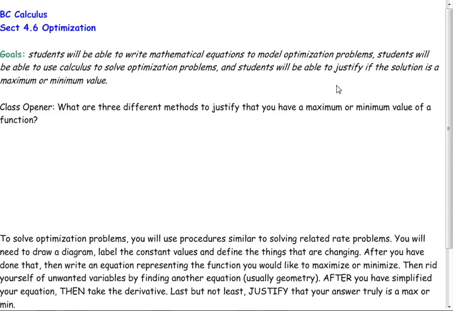Okay. How do you know if you have a maximum or minimum value of a function? What'd you say? F prime will change sign. Now this is for a relative max or min.